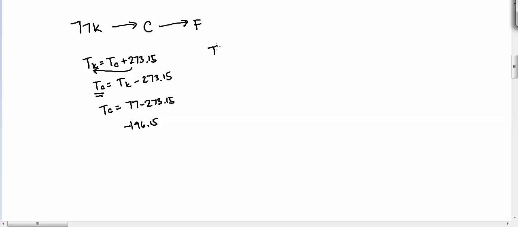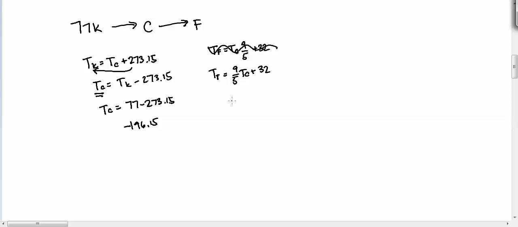Got it. Then what I'm going to do is take this and plug it into my equation. TF equals TC times 9/5 plus 32. Actually, you know what? I don't like writing it like that. I'm going to write it like this: TF equals 9/5 times TC. It doesn't make a difference really, but I always like having my numbers in front of my letters.